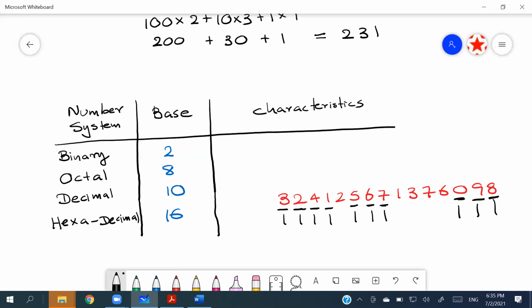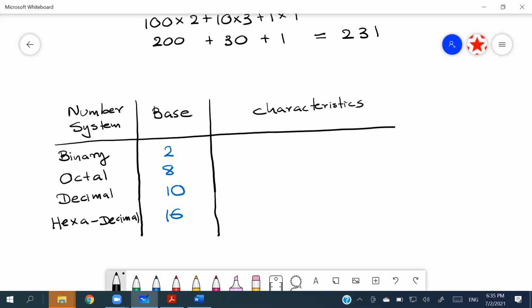Right? So what are these different characters that we can use? This is regarding the decimal number system. So the different characters that we can use over here start from 0.